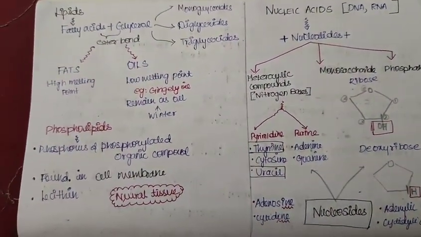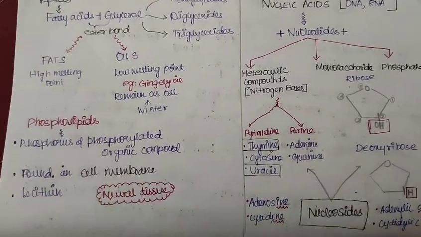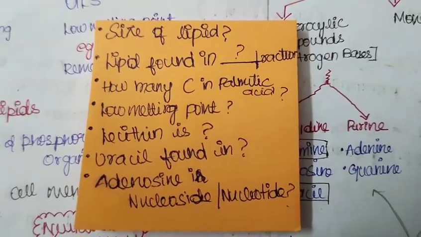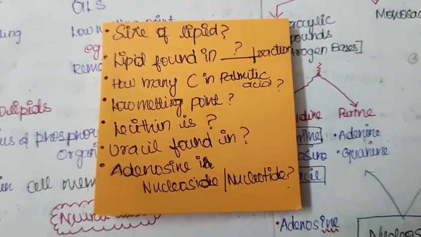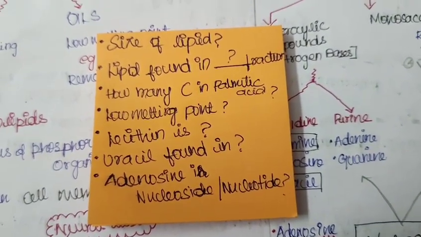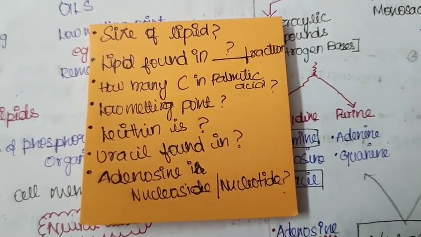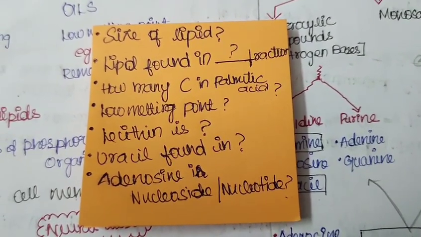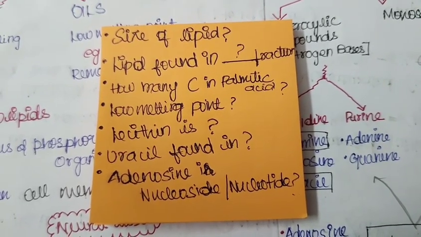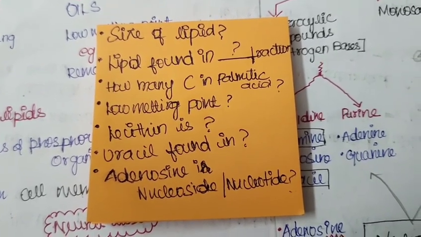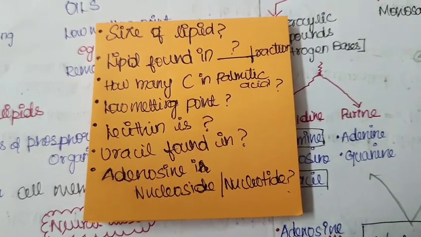Now we will discuss questions from the latest topics we discussed. The first question: what is the size of the lipid? Try to recall or revise it once and answer. It's 800 Dalton. Lipid is found in which fraction, acid soluble or acid insoluble? Acid insoluble.